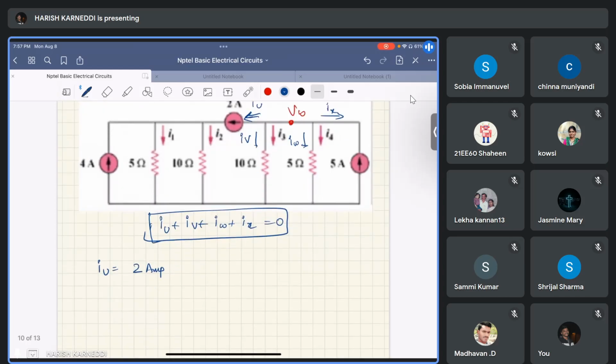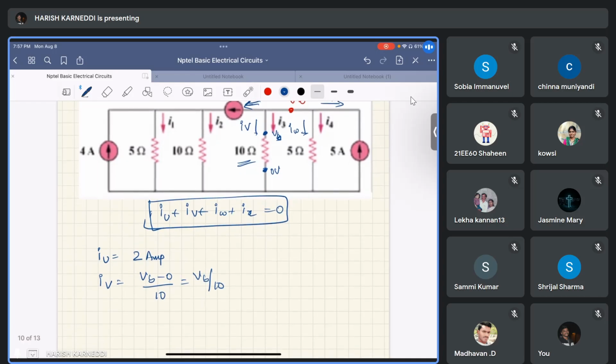And IV equal to the potential difference across this 10 ohm resistor divided by this resistance, right? The potential difference is here, it is connected to the VB node, that is VB, and here it is connected to the reference node, that is 0 volts. The potential difference is VB minus 0 by resistance 10 ohm, that is VB by 10 ohm, right?